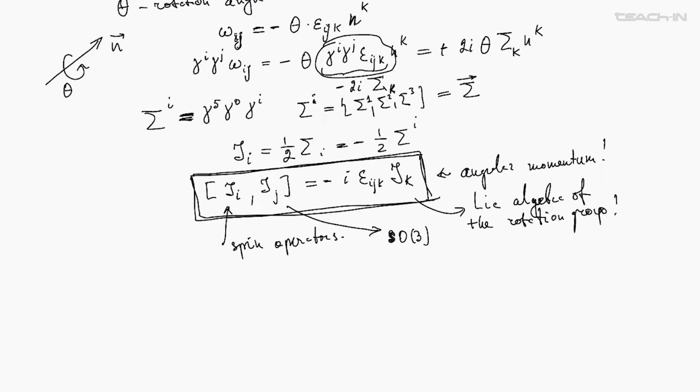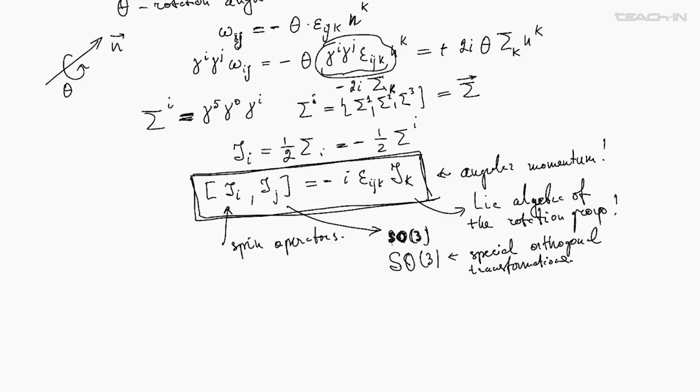And this is the Lie algebra of the rotation group, which is SO(3), with capital S and capital O: special orthogonal transformations realized by elements of the group SO(3).